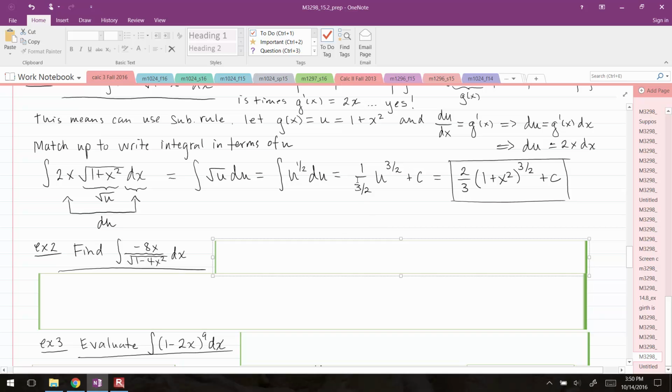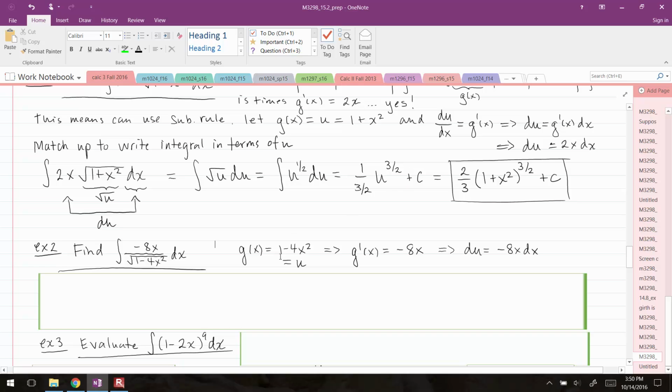So just go with that. You identify the u and the g of x, they're the same thing here. Then take the derivative of that, you get negative 8x. And then I did the algebra up here, but once you get good at this, you don't have to do the algebra. What that means is that du is equal to negative 8x dx.